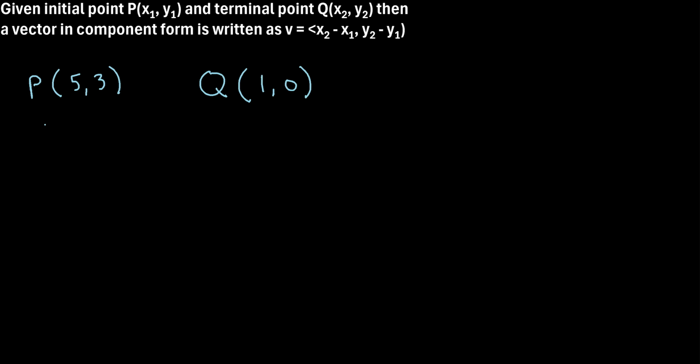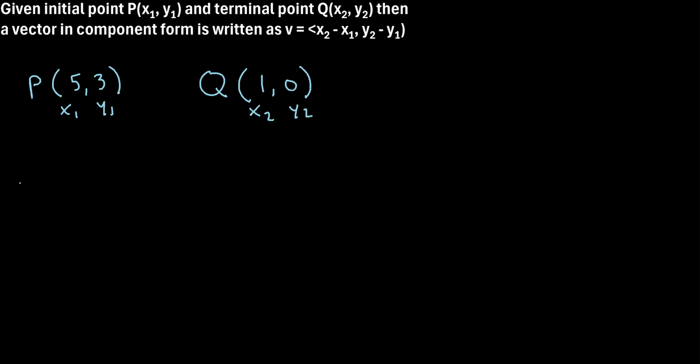Okay, let's try another one. Let's say we have another vector where the initial point P is 5, comma 3, and the terminal point Q is 1, comma 0. How can we write this vector in component form? Well, let's label this as x1 and y1. Let's label our terminal point as x2 and y2.